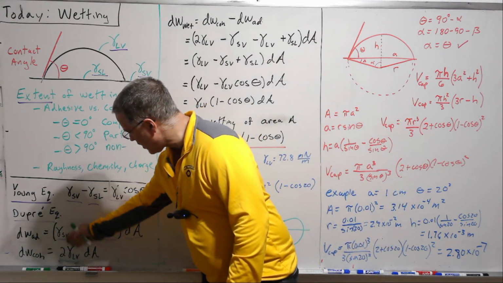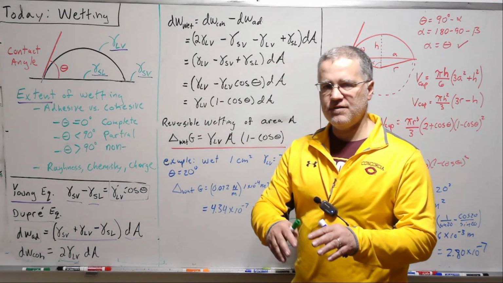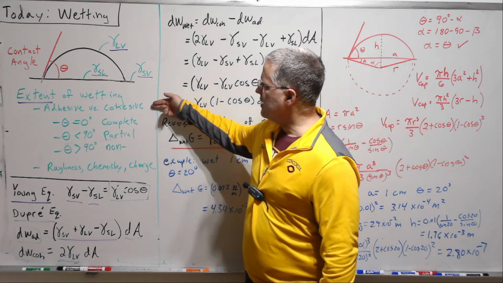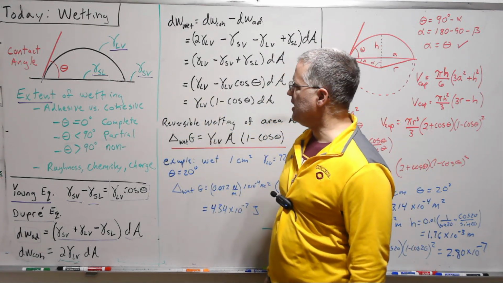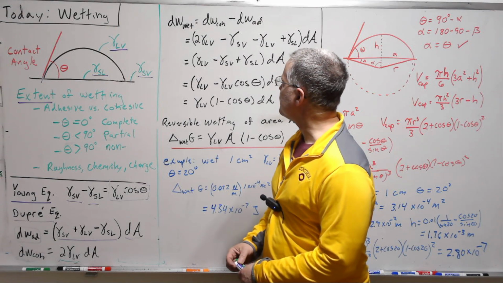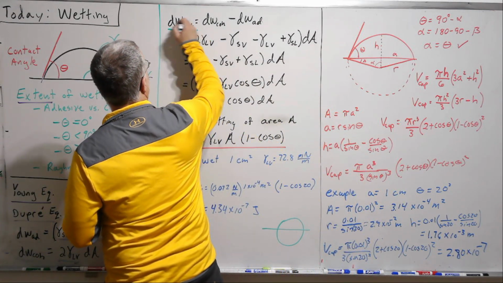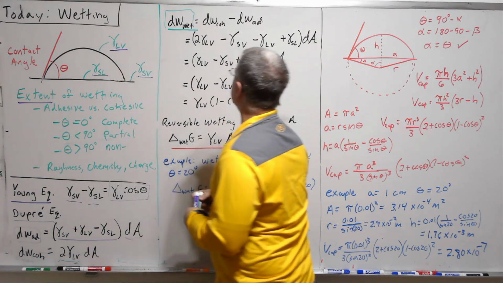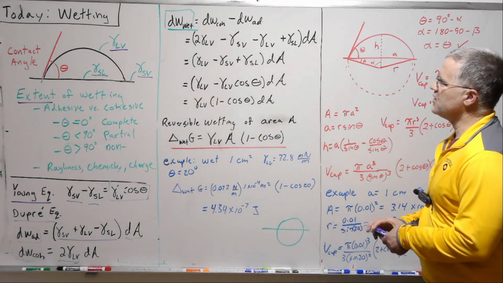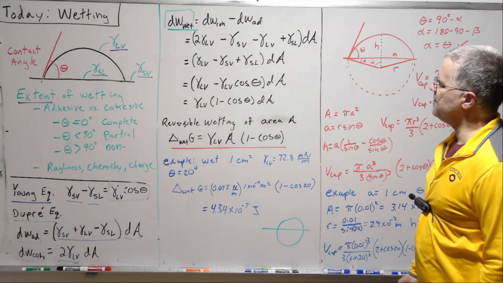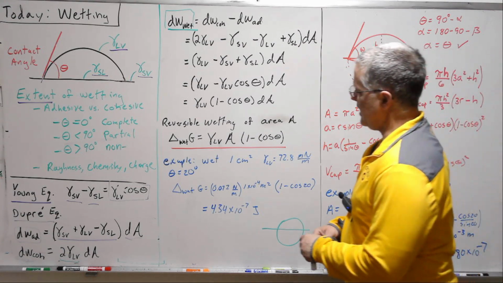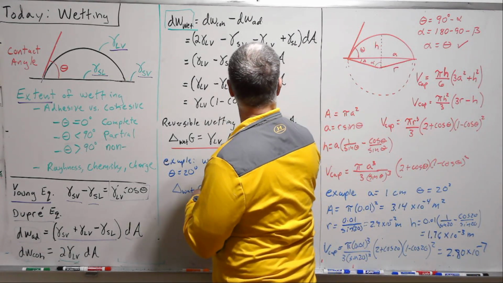So we have 2 work terms, one for the adhesive, one for the cohesive, and we said that the extent of wetting is adhesive versus cohesive. So the total work then for wetting is defined as cohesive minus adhesive, and so we can just plug these values in.